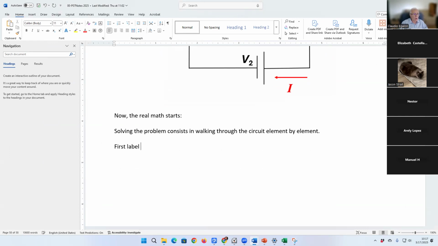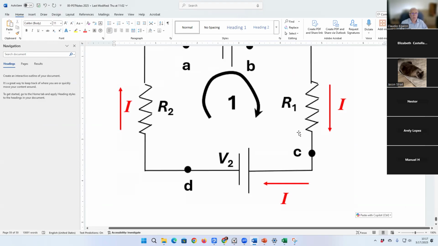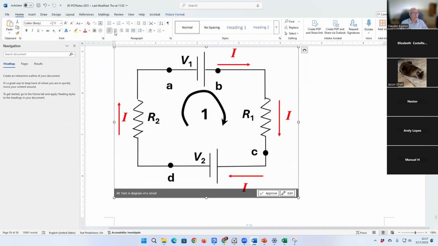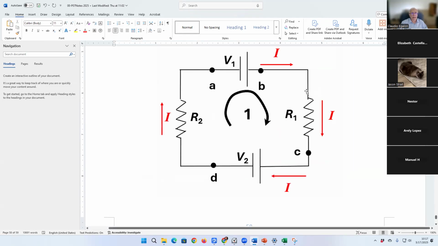First, label points along your circuit to help you solve the problem. Note that I didn't put a point C here.